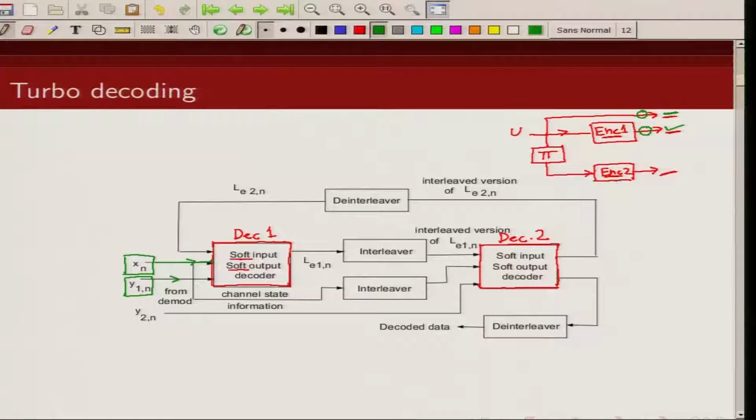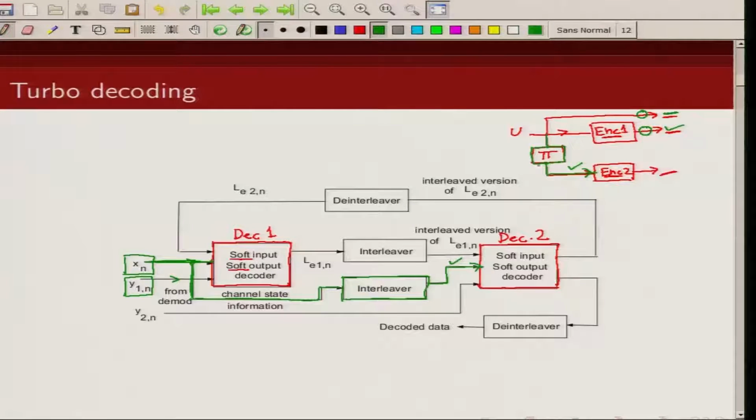Because this information bit is interleaved before being sent to encoder 2, what I do is, before I feed this received information sequence to the second decoder, I interleave it, so that the order of information bits that is coming here and what is being fed to decoder 2 is the same.